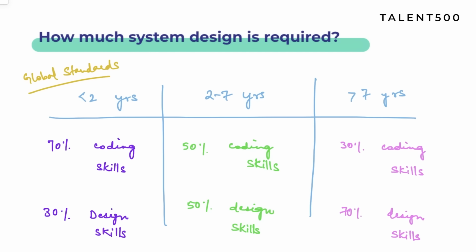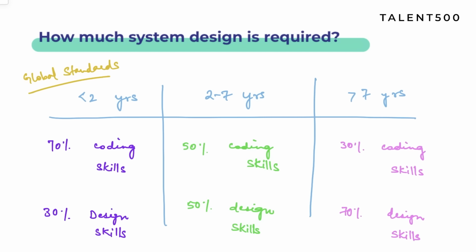Also, you need to keep one thing in your mind: any of the great companies of this world, for less than 2 years of experience, will be judging you 70% on your coding skills, like are you even able to write the code or not, and 30% on the system design round.